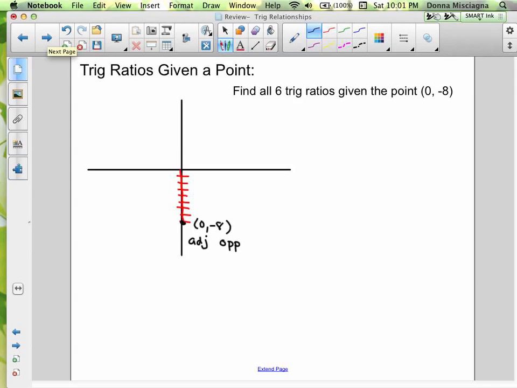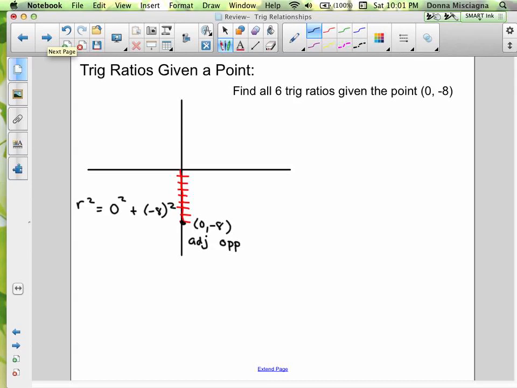How about the hypotenuse? Right? So remember that r squared is just equal to the adjacent side squared plus the opposite side squared. Right? The two legs. Adjacent and opposite are always legs. Right?